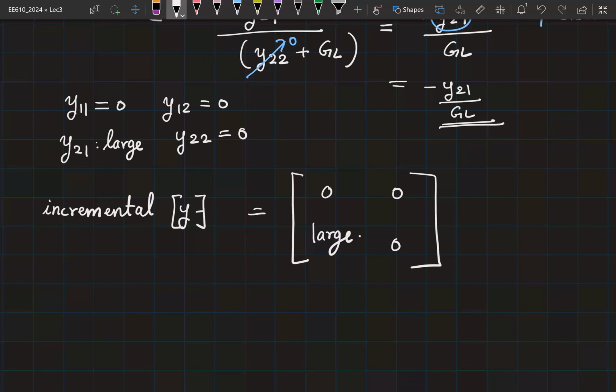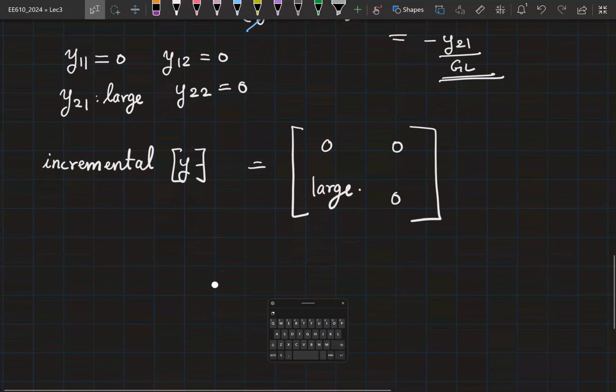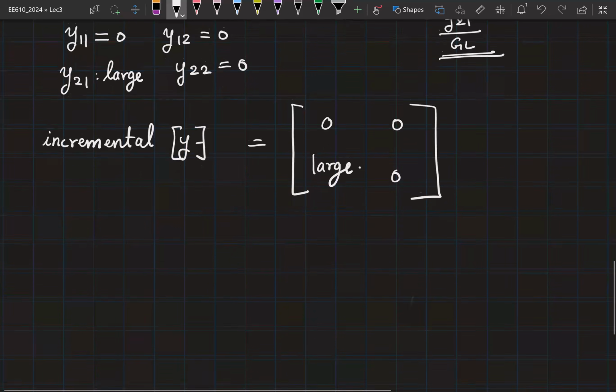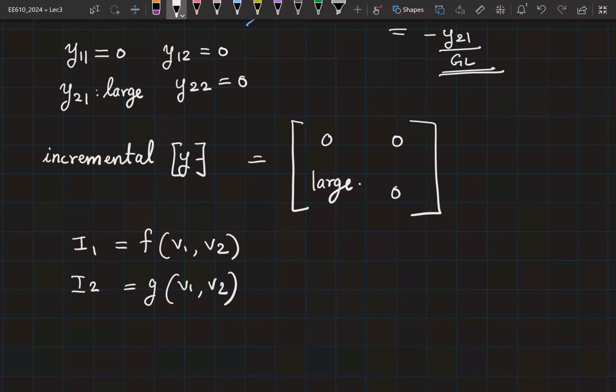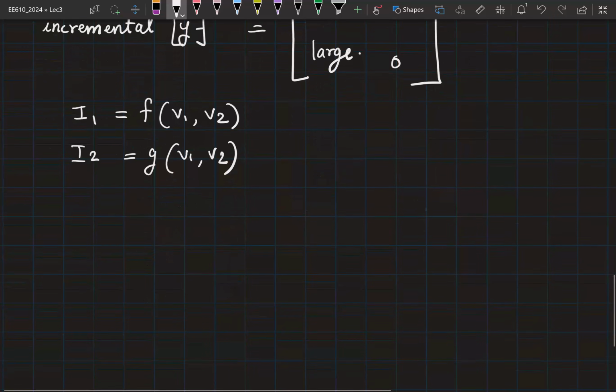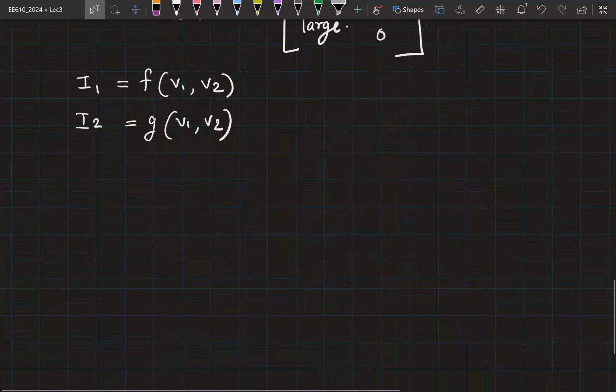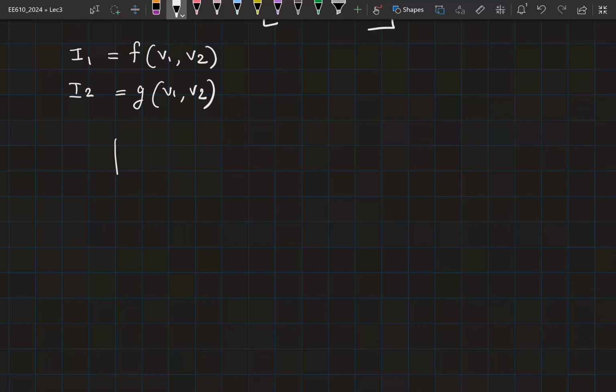Okay, so before we get to one such device, let's also quickly look at what comments we can make about the large signal properties of this Y-parameter network. So we are basically going to look at how this I1 as a function of V1, V2 and I2 as a function of V1, V2 is supposed to look like. Right? And to do this, we will simply rely on the 4 graphs that we dealt with in the previous class.